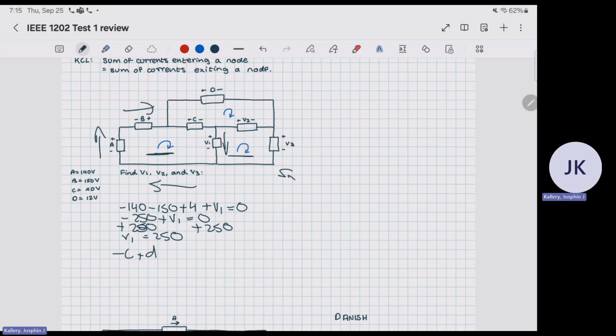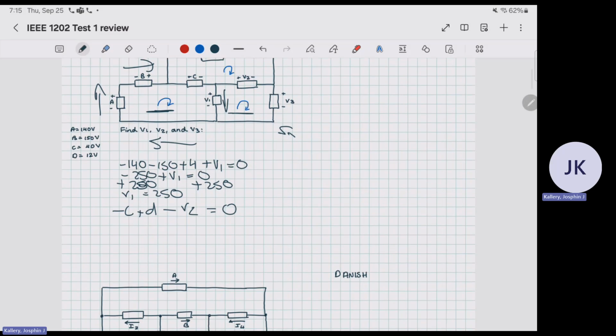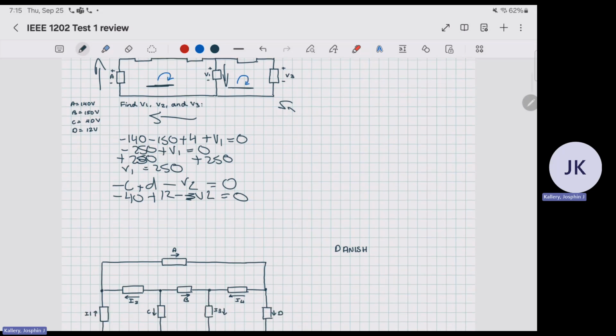So we have plus D minus V2 equals 0. We have negative 40 plus 12 minus V2 equals 0.